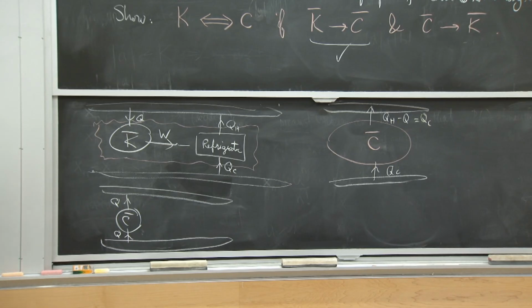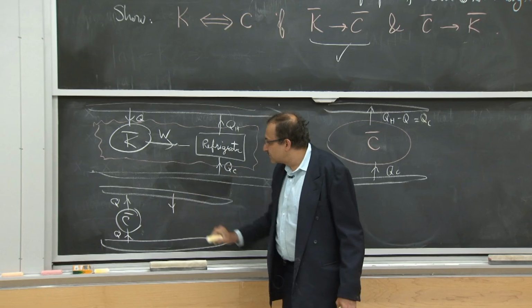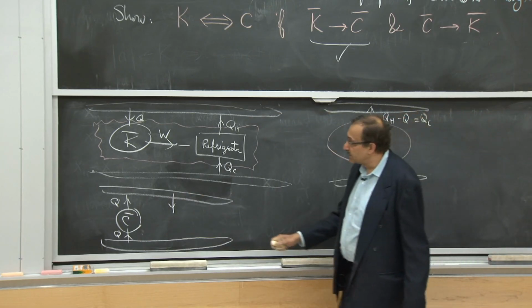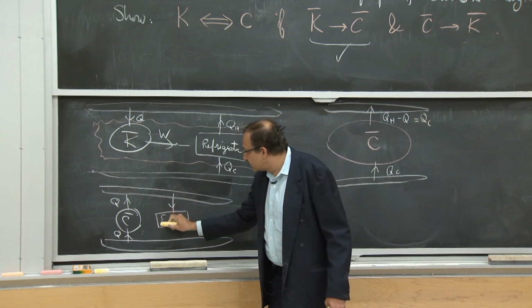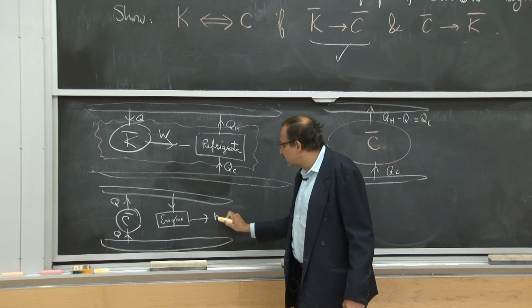What we will do immediately is to take some of this heat that has been generated by this machine and use it in a regular engine to create some amount of work.